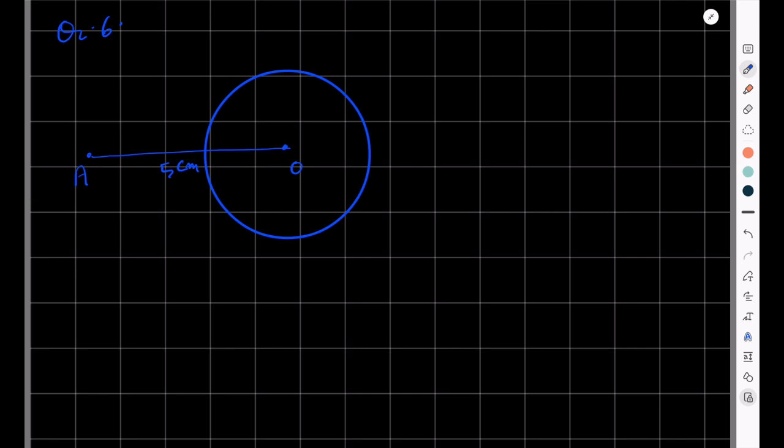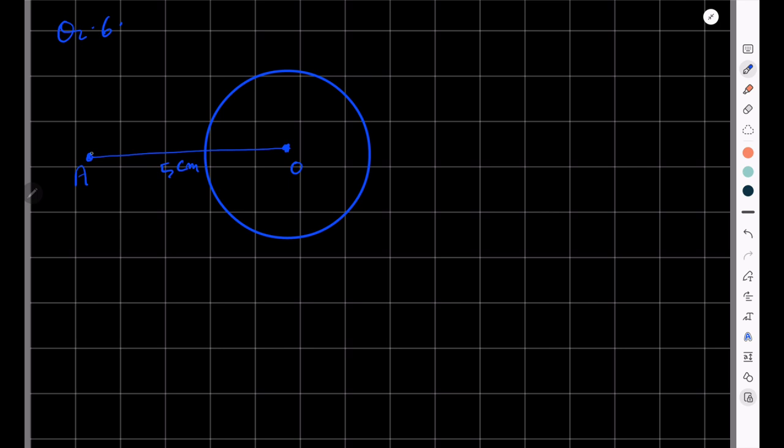Length of a tangent from a point A at a distance 5 centimeter from the center of the circle. Yes, I think this is what it is. So point A is 5 centimeter distant from the center of the circle, and the tangent is 4 centimeter.